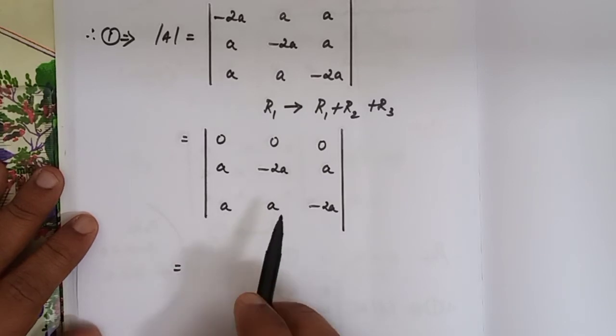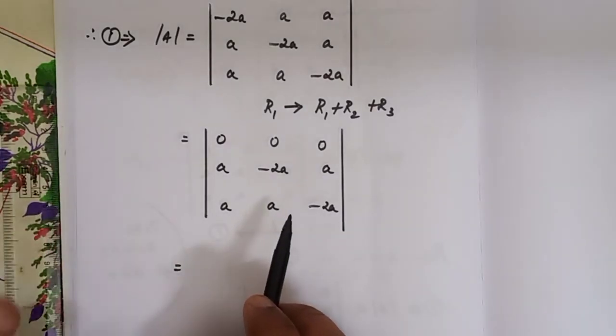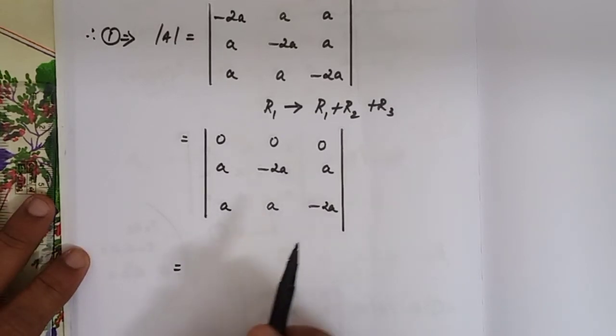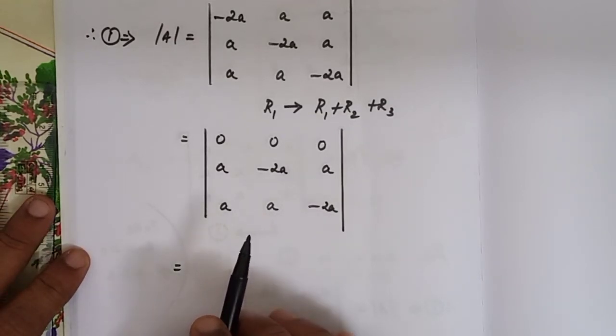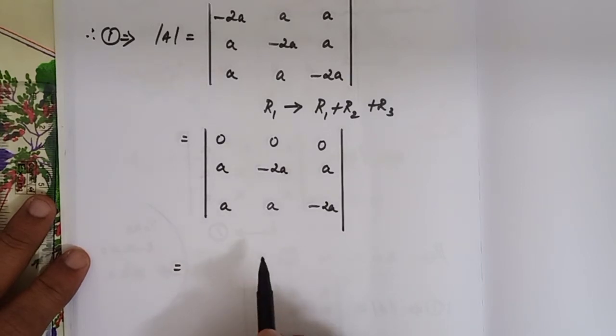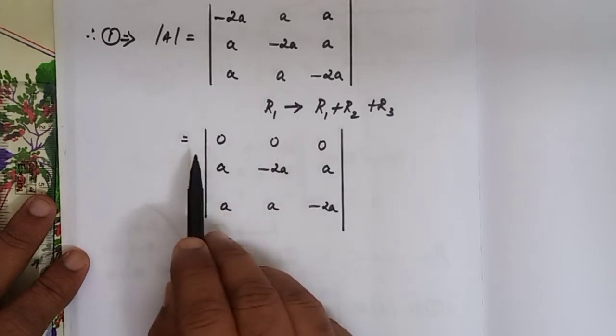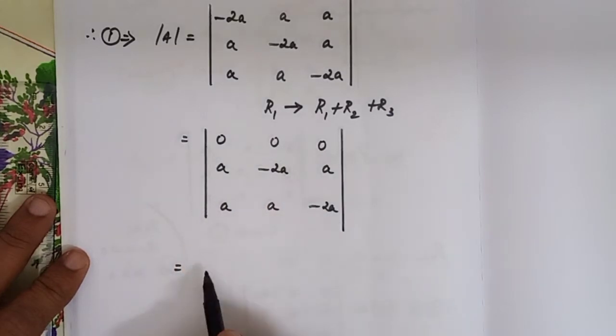We know that in a determinant, if any one of the rows or any one of the columns has all elements 0, the determinant value is 0. Look at the determinant here. In particular, in the first row, all the elements are 0. So you can directly write 0.